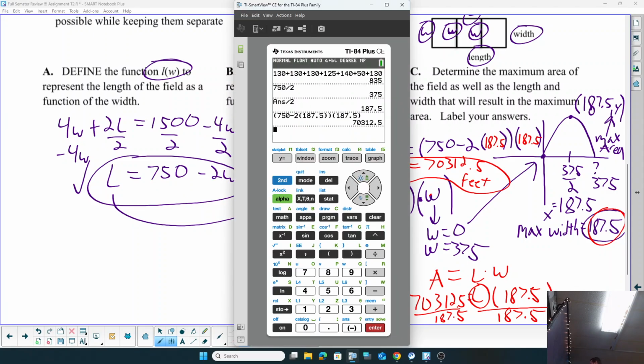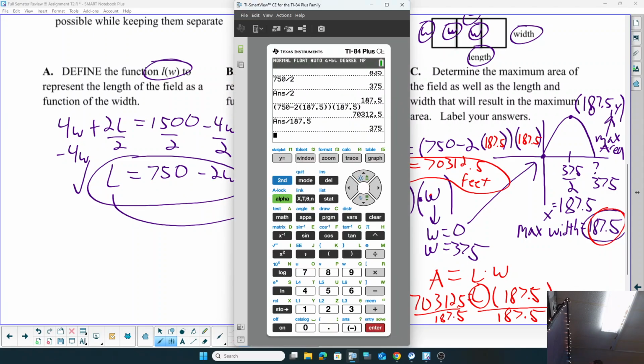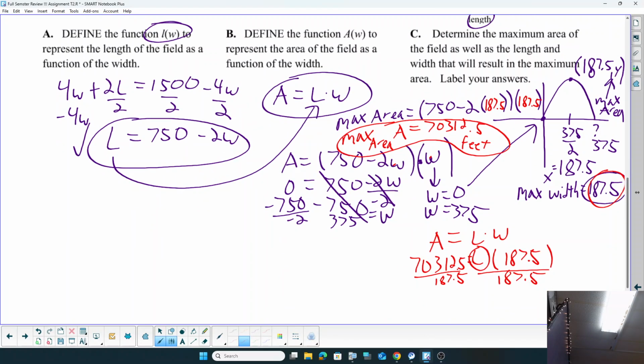So we take the area and divide by 187.5, and that gives us our max length, which is 375. So the length is 375 feet. Now we have the length, the width, and the max area.